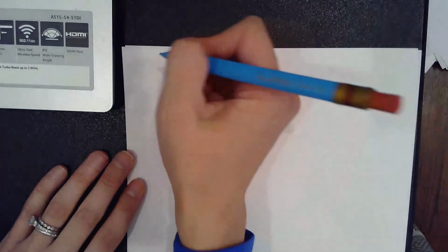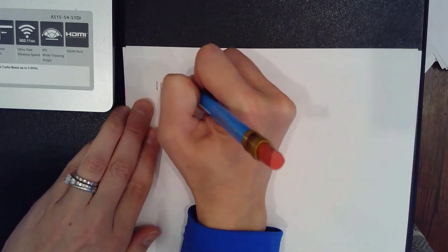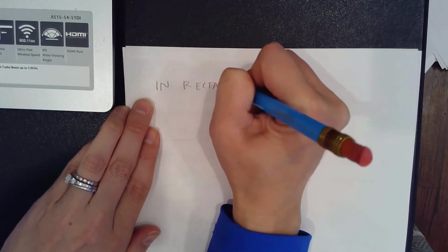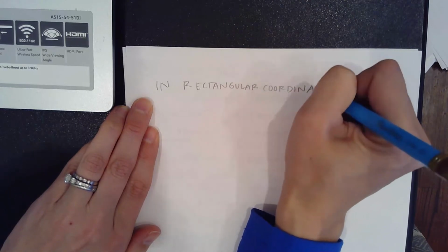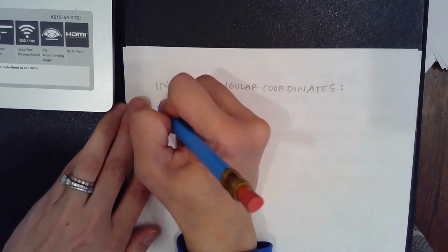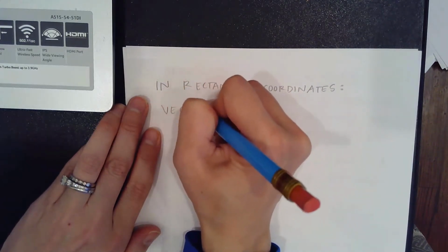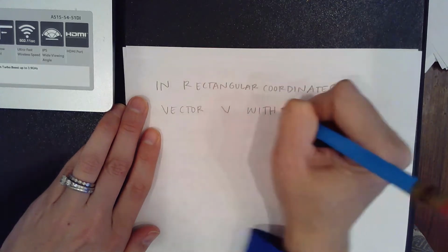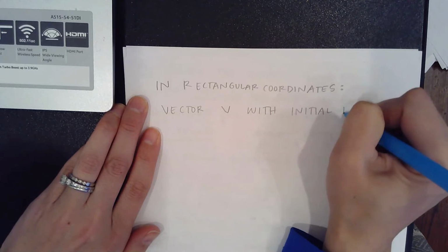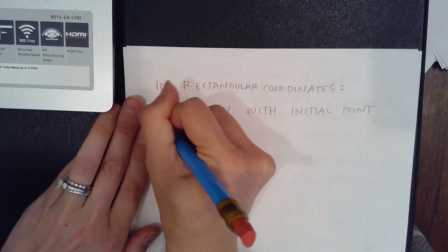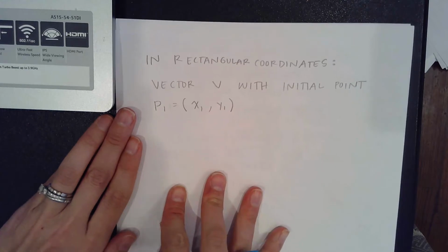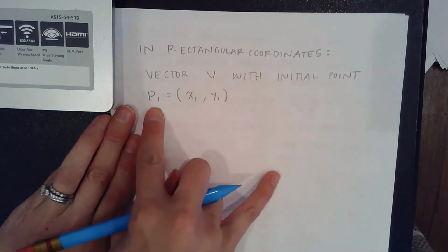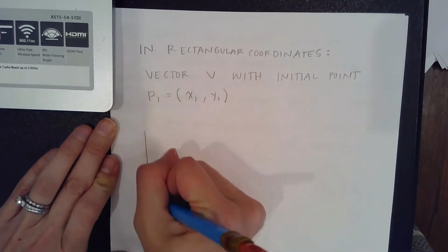All right, so what about if it's not in standard form? So if it's just in rectangular coordinates? Okay, so let's call vector v with an initial point P1, so that's going to be some x value and another y value. Okay, so vector v is going to have an initial point at P1, so we're going to be somewhere inside of here.